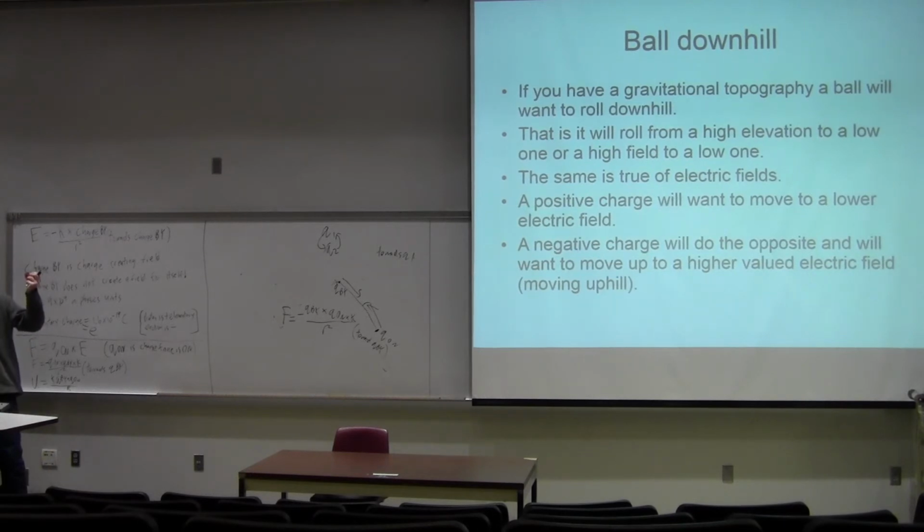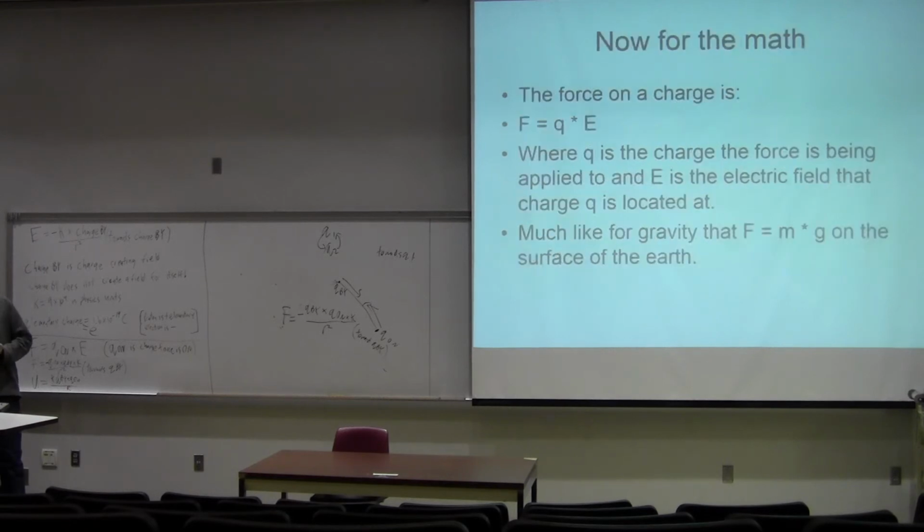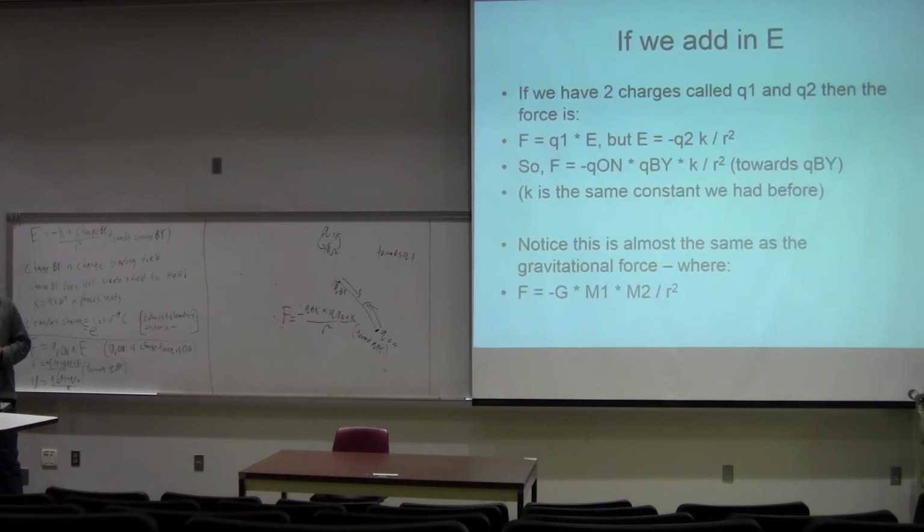Again, this is for me. I'll give you a second to read it. So force equals Q on times E, where E has a direction, or it has Q on times Q by with a minus sign times K divided by R squared.